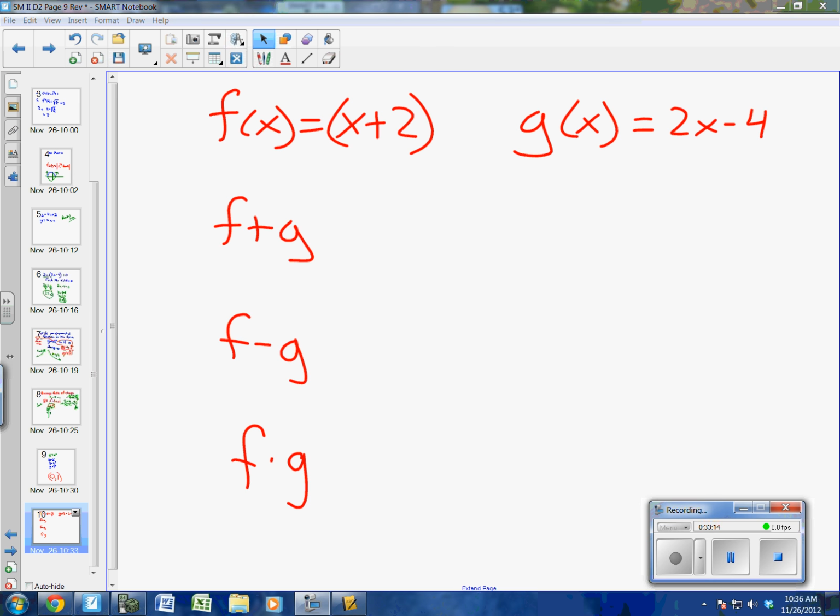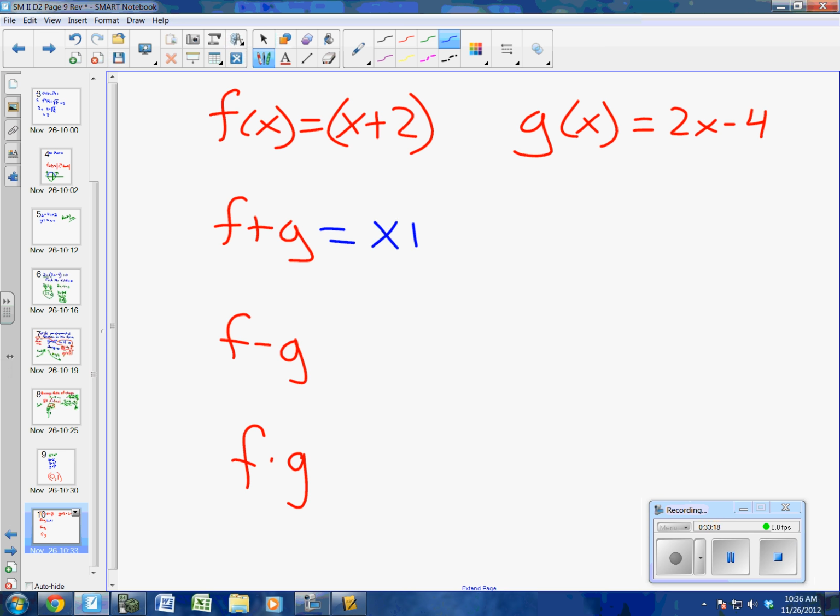Okay, here we go. f plus g, you guys. All I'm going to do is take function f, which is x plus 2, and I'm going to add to it the function g of x, which is 2x minus 4.